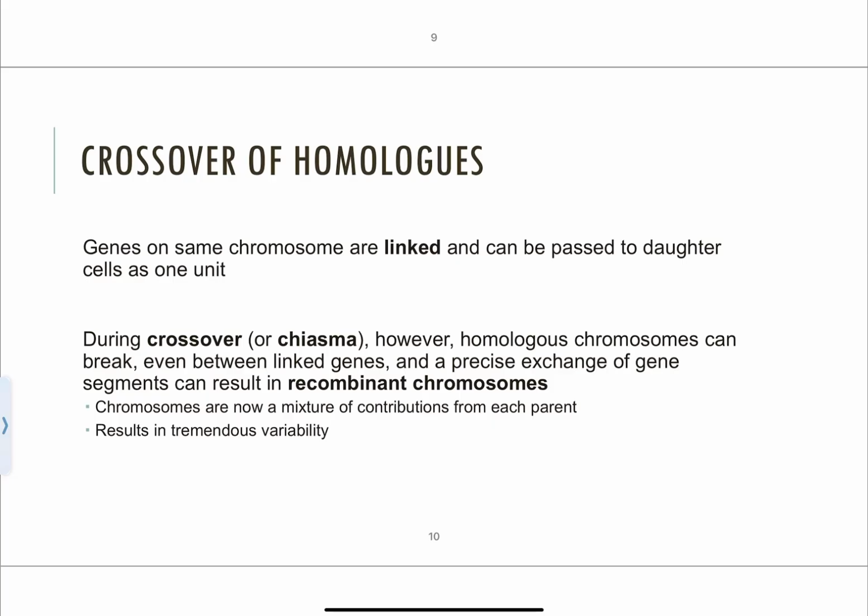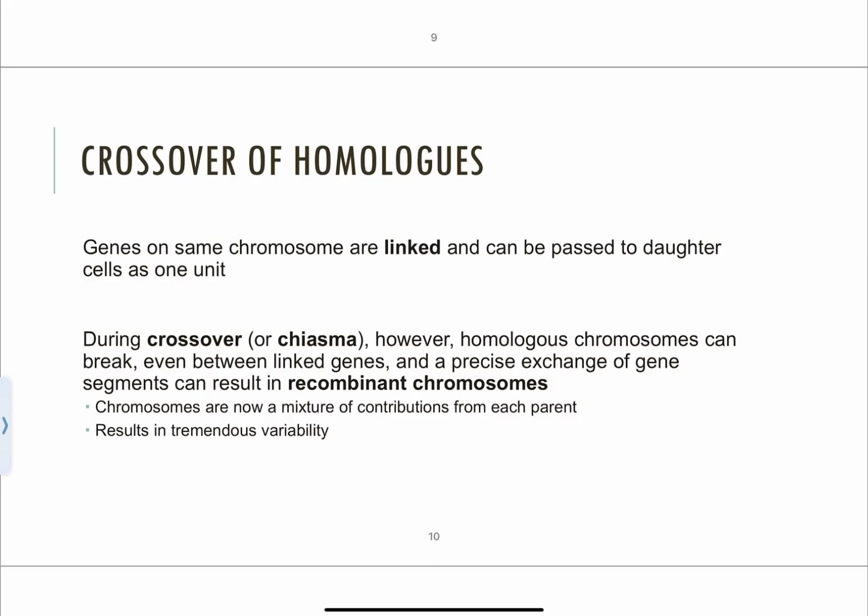The next thing that can increase genetic variability is crossing over. So we have genes that are on the same chromosome. They are linked and they can be passed to daughter cells as one unit. So during crossover, which occurs during prophase 1 of meiosis 1, homologous chromosomes can break, even between linked genes, and we have what is referred to as a precise exchange of gene segments, where they can go in and exchange material.